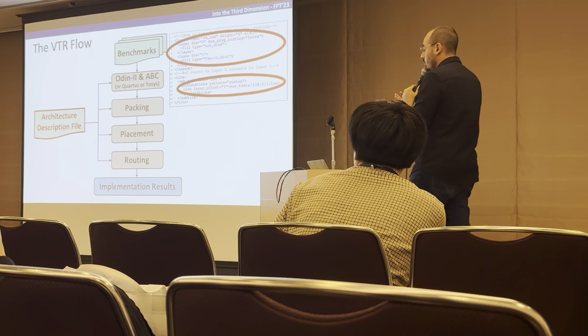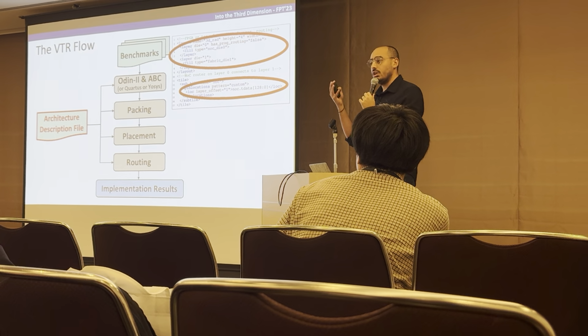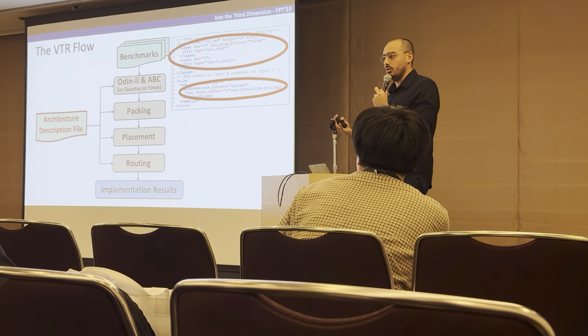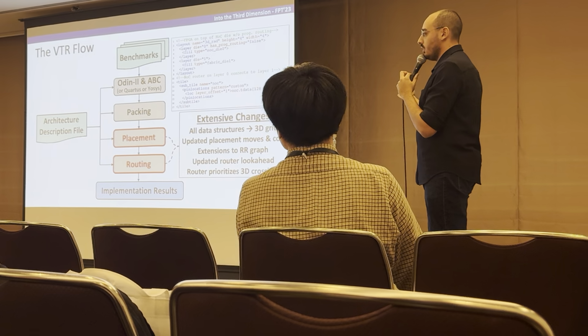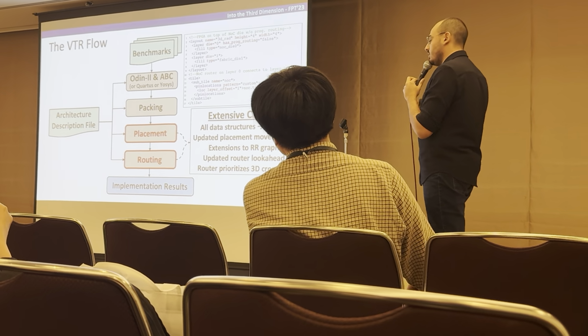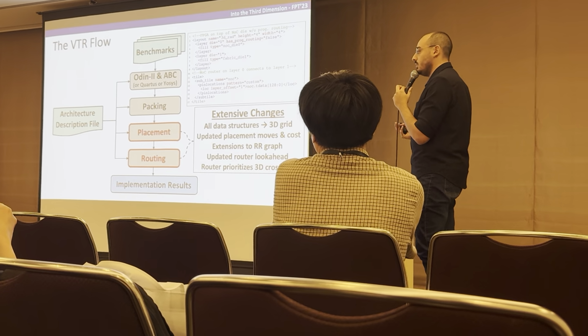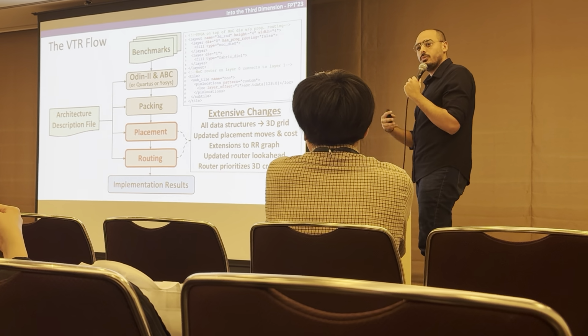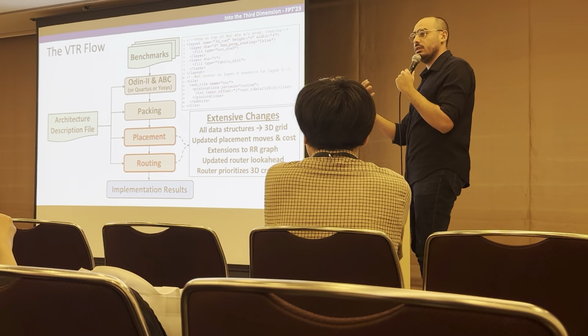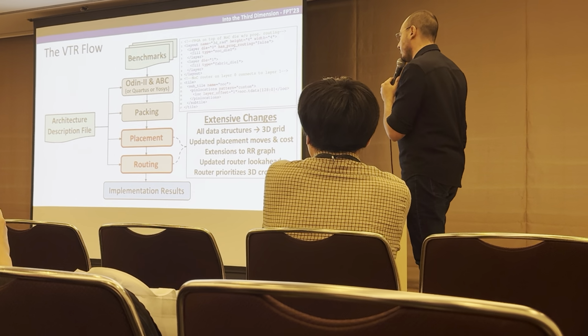Users can also flexibly define the connectivity between those two dies, what signals cross from one die to the other. The work also involves a lot of extensive changes to the placement and routing engines inside VPR, to make it understand the 3D nature of the device and how to optimize the mapping of any design that you give it to those 3D devices.